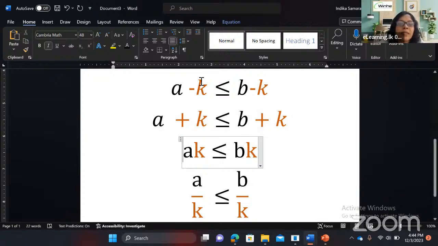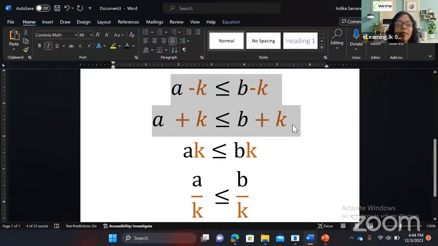But for addition and subtraction, the inequality sign will not change according to the sign of the constant value.